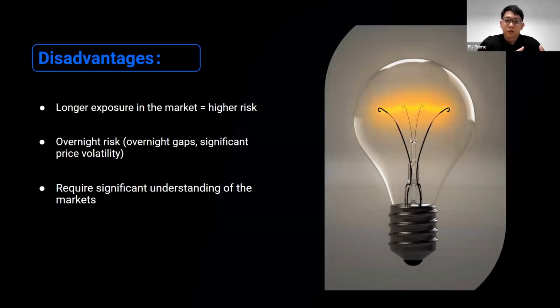So if you hold USD for a few days, for a few weeks, and then the news hits, say, oh yes, the debt limit bill is passed in the Congress, and then the dollar drops. So you see, if you hold it for a very long time, you're exposed to greater risk.